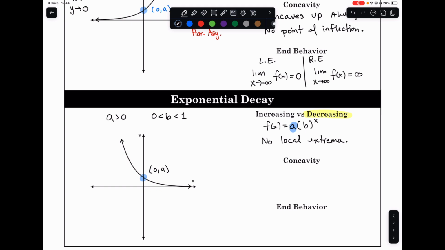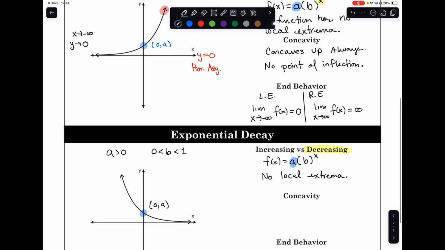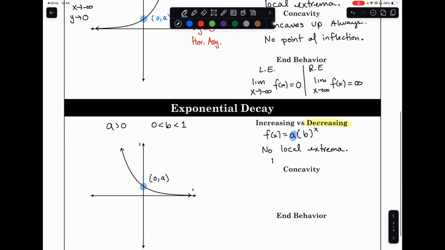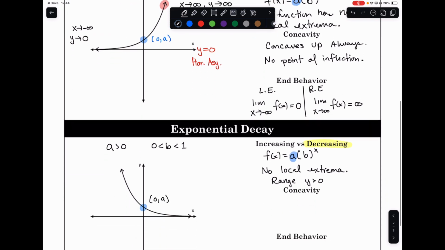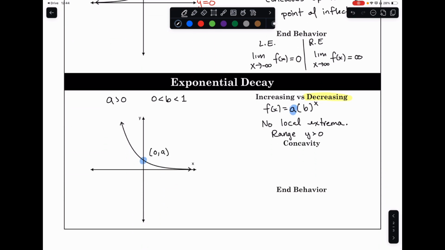And the range for this, just like the previous example, is the y values greater than 0. We didn't write it over here, but that's going to have the exact same range. This function up here has the exact same range. All your y values have to be greater than 0.